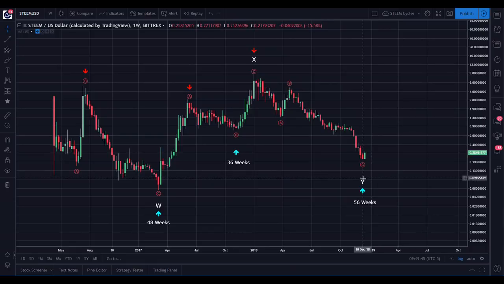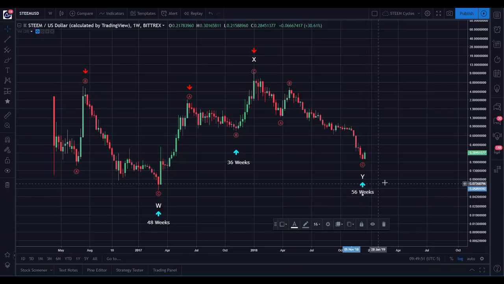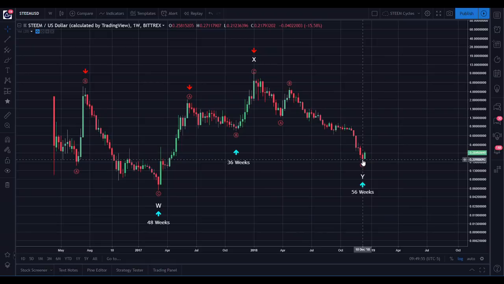So that means that there is probably a greater than 50% chance that there could be a weekly cycle low that occurred right here. The most ideal confirmation will be if price exceeds 43 cents. Okay, we'll get back to it in a little bit.